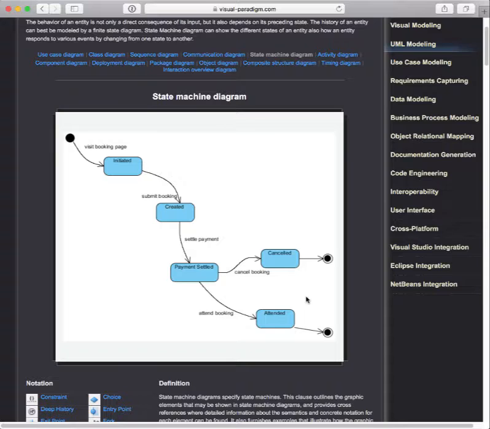Okay, so this is a state machine diagram that someone has created for something. One of the things that I don't like is it doesn't have any title. For me, it would be nice to have some kind of a title so we would know that we're documenting the states of something, right?